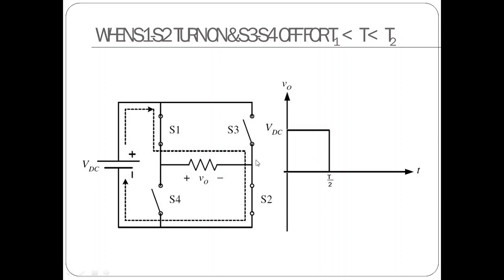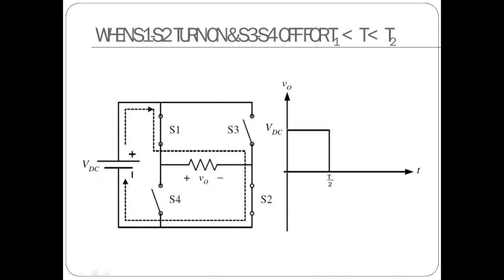So here we are turning on S1, S2. S1 and S2 are closed, that means the switches are turned on, and therefore there is a current flowing here. By showing this arrow mark as a dotted line, we see that the current is flowing in this switch, and from this switch it is flowing to the resistor, and from the resistor we are getting it into this VDC second point again.